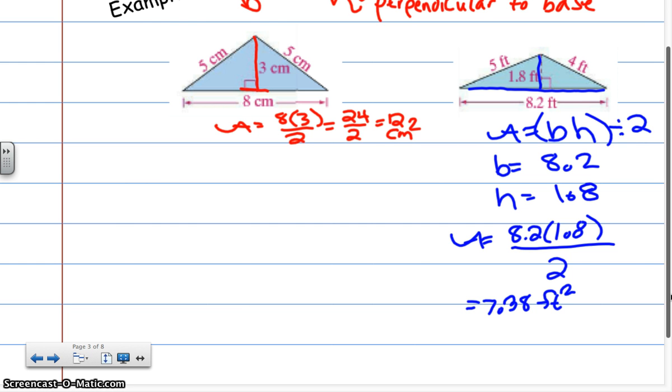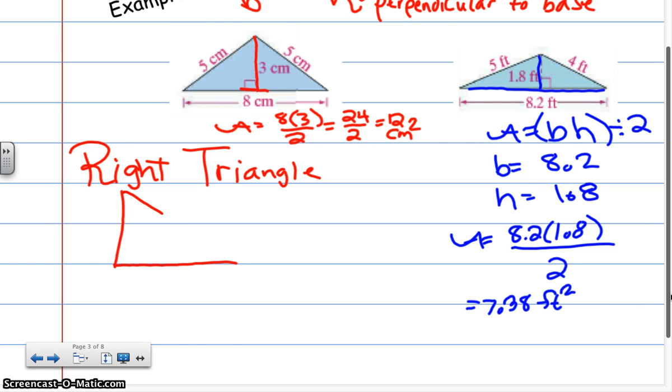One thing that I didn't include in the notes that I realize I should is right triangles. So I want you to make a subheading that says right triangles. And right triangles, of course, always form that right angle. It's hard to identify what would be the base of a right triangle and what would be the height.